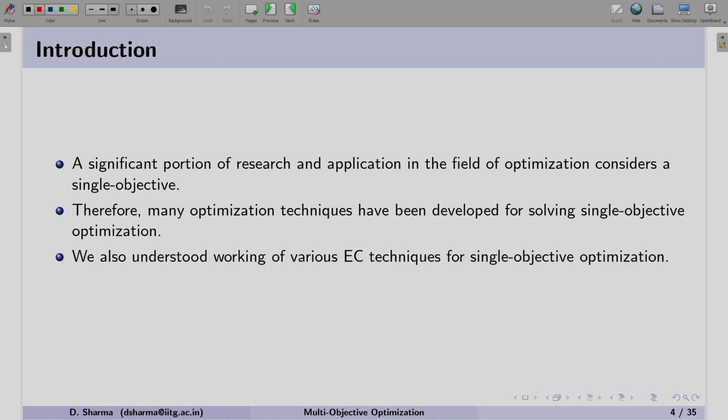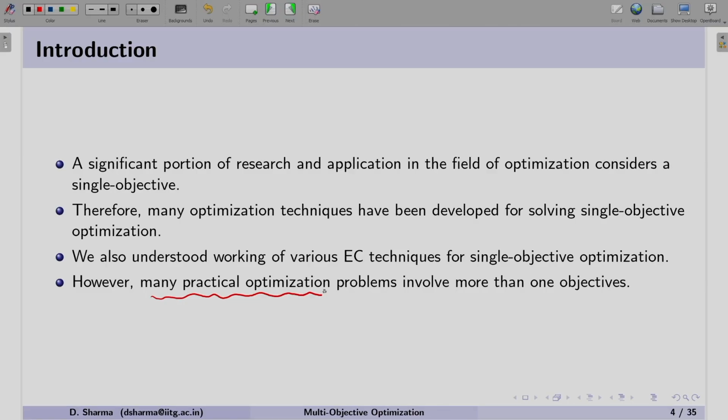We also understood our EC techniques for solving the single objective, because in our previous sessions, for all the EC techniques which we have discussed, all the time we considered just one objective. However, if we see many practical optimization problems, those problems involve more than one objective.